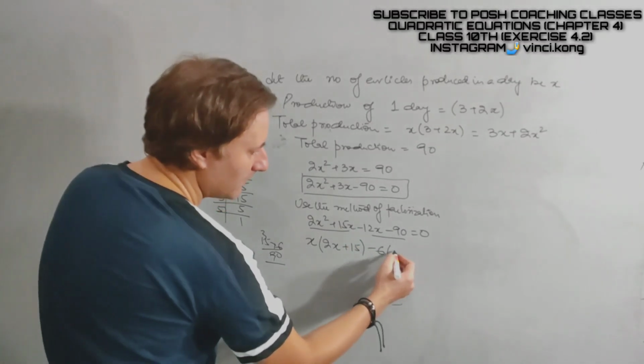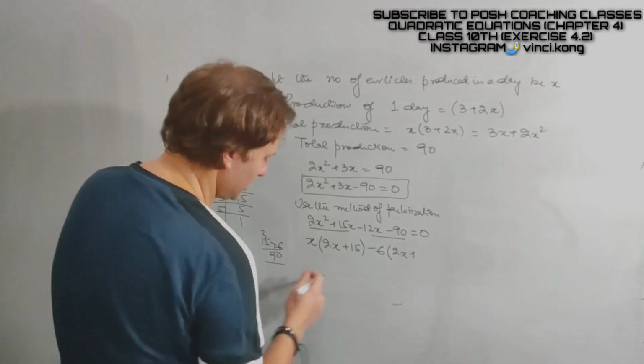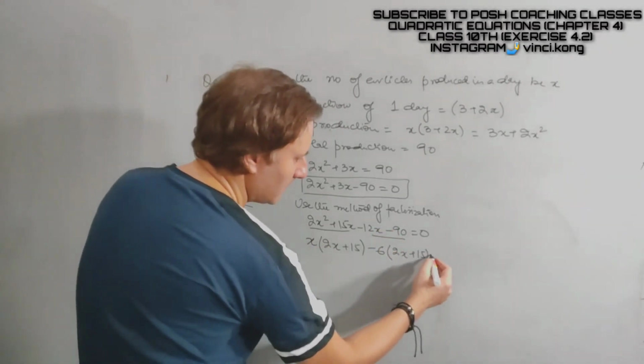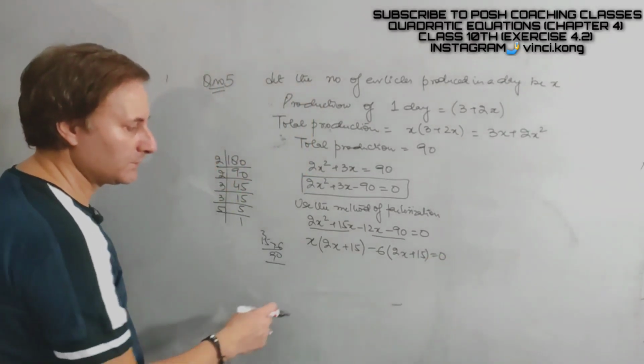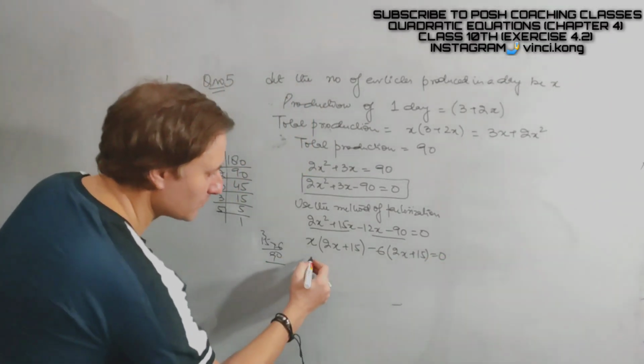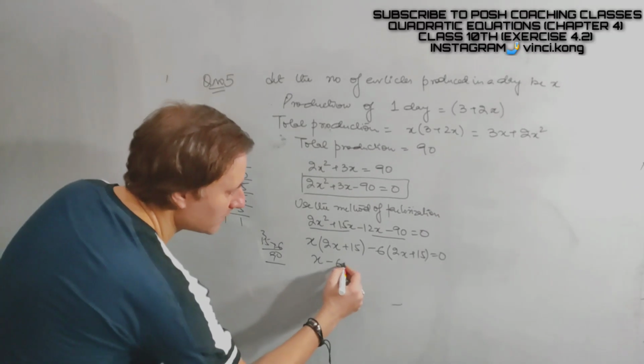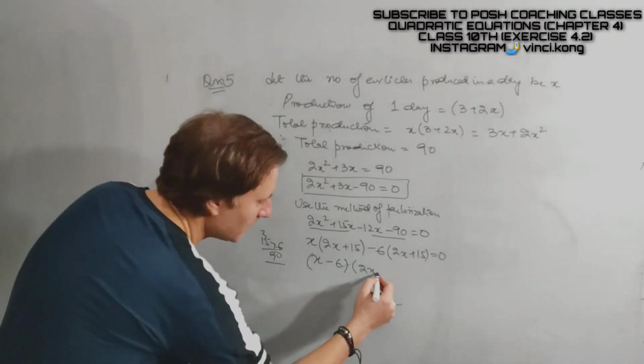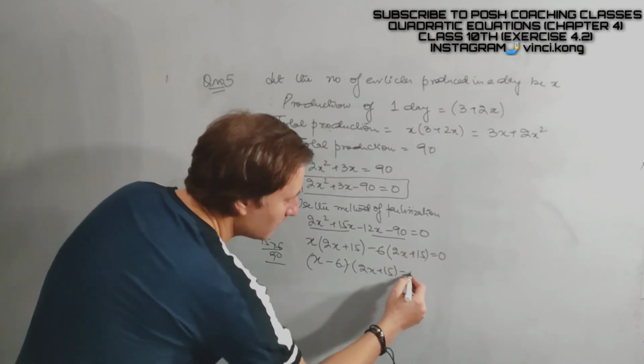So what do I have? I have 6 times (2x plus 15), which gives 90, since 6 multiplied by 15 is 90. Okay, so we have to match these two. So now I have (x minus 6) and (2x plus 15) equals 0.